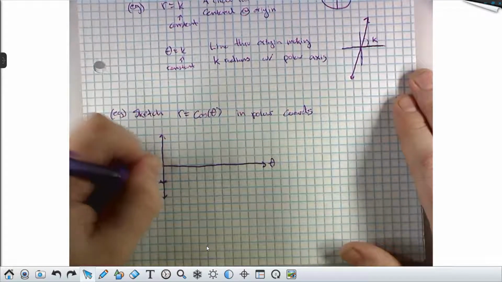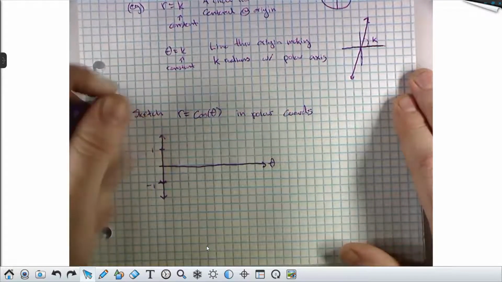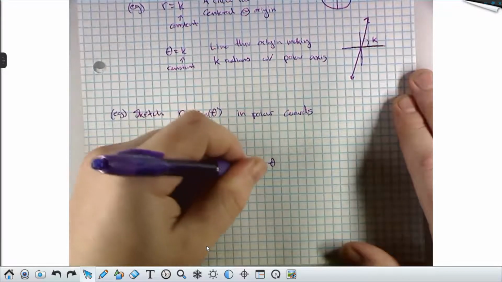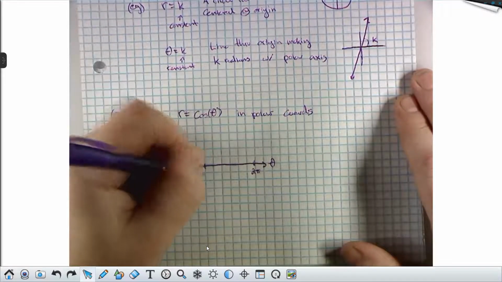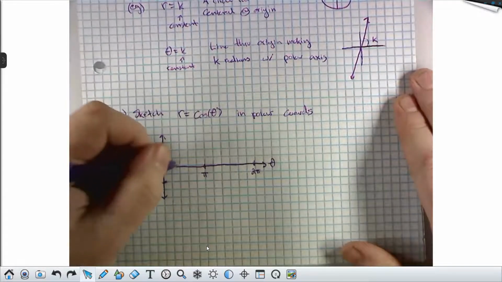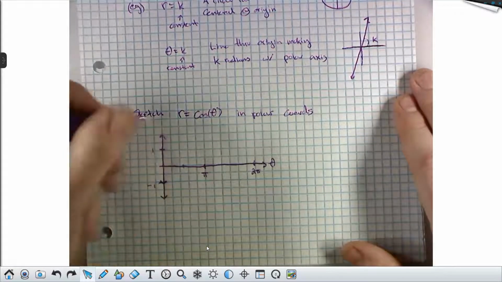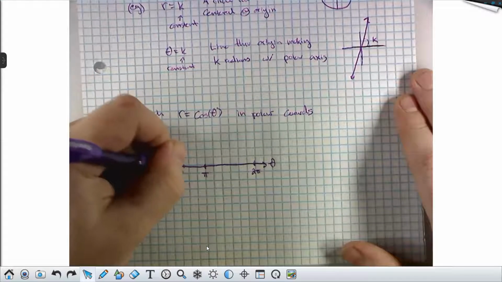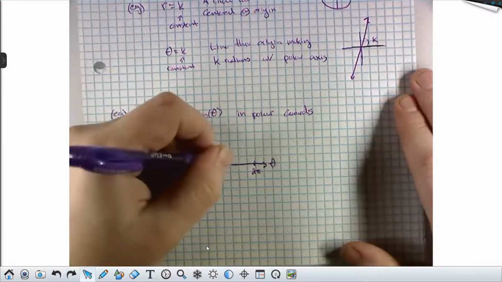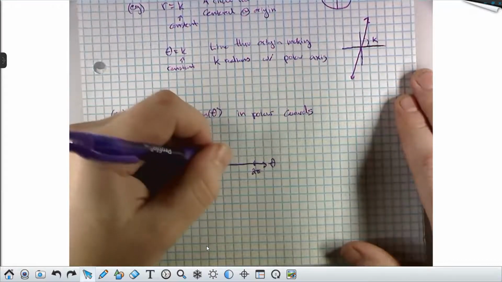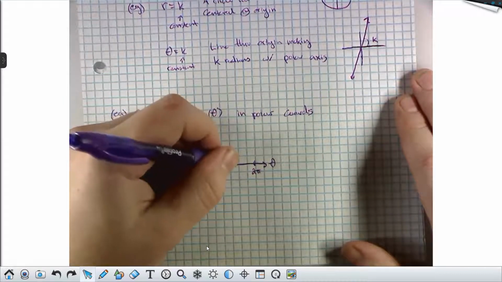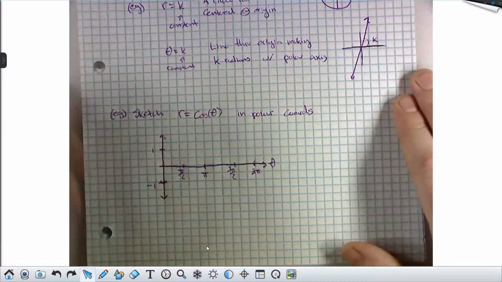So I'll call this -1. It's +1. I'll call this 2 pi. Halfway there is pi. Halfway there is pi over 2. Halfway between these is 3 pi over 2.